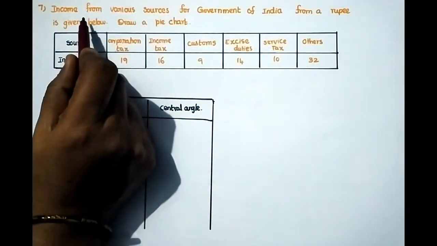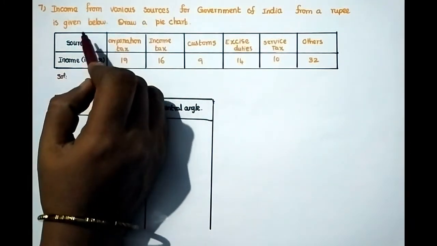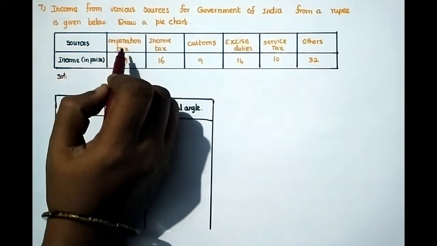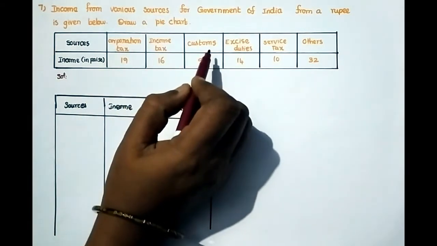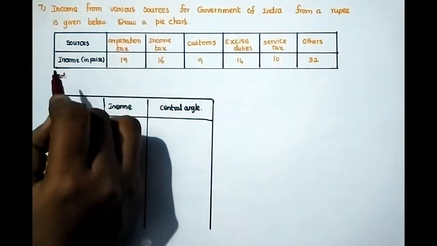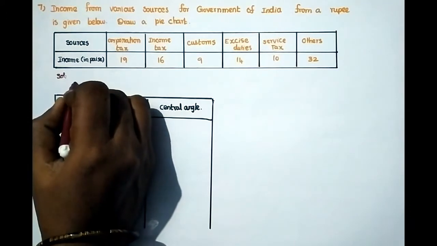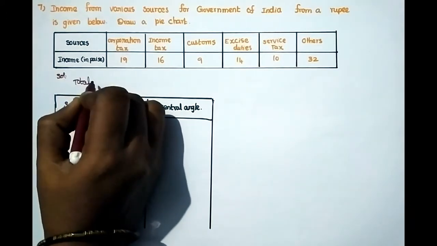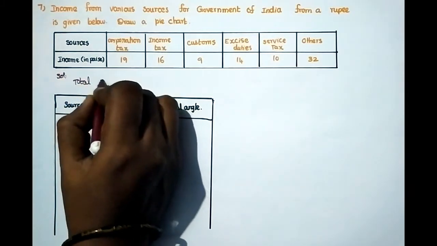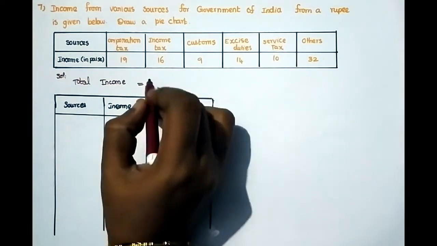Seventh sum, income from various sources for the Government of India from a rupee is given below. Draw a pie chart. Sources: corporation tax, income tax, customs, excise duties, service tax and others, and then income in paise. So total income, add, means we get 100.